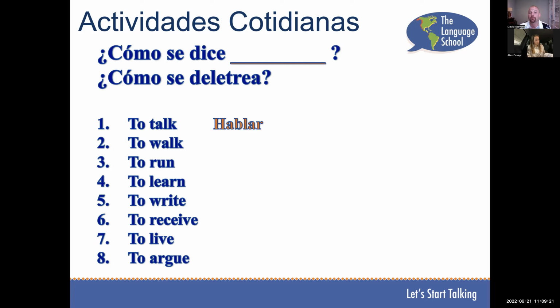So to walk is going to be caminar. Caminar, to walk. To run, correr.